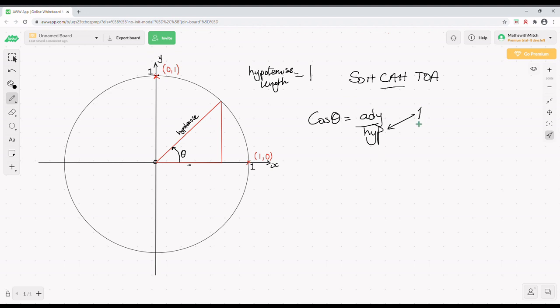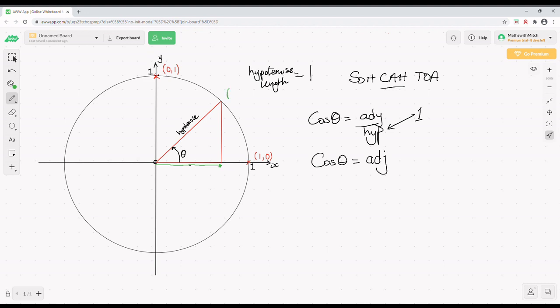So we know for this triangle, hypotenuse is 1. So we can now just say cos theta is the length adjacent for this unit circle. So what we're now saying is that this length here in the x direction is given by cos theta.